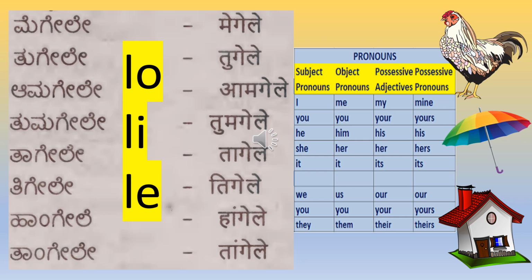This can be any other object. Hangelo, tangelo. So when you are addressing a masculine gender object, megelo, mine, tugelo, yours, amgelo, ours, tumgelo, yours, tagelo, his, tigelo, hers, hangelo or tangelo, theirs.